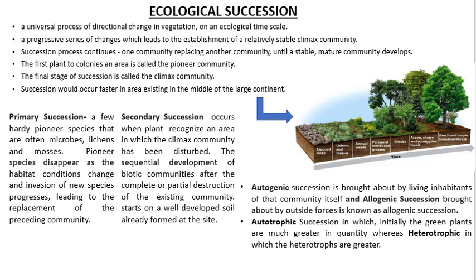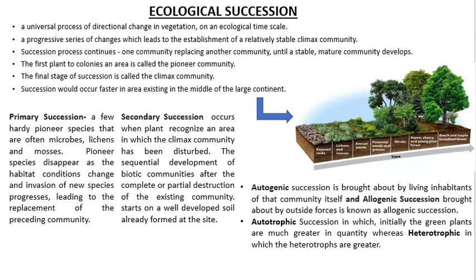Succession would occur faster in an area existing in the middle of a large continent. Next is primary succession, where a few hardy pioneer species, often microbes, lichens and mosses, colonize.